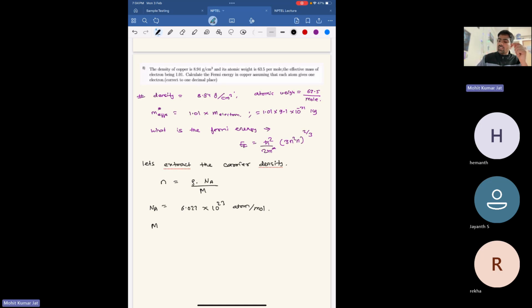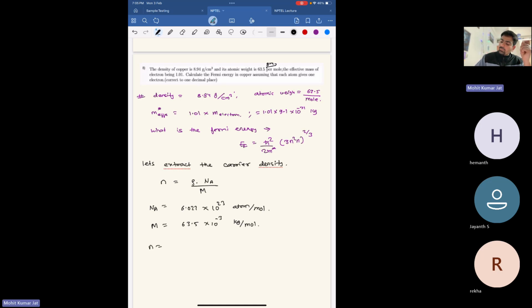And M is also given as 63.5 grams per mole. If I convert into kg, it's 10 power minus 3 kg per mole.